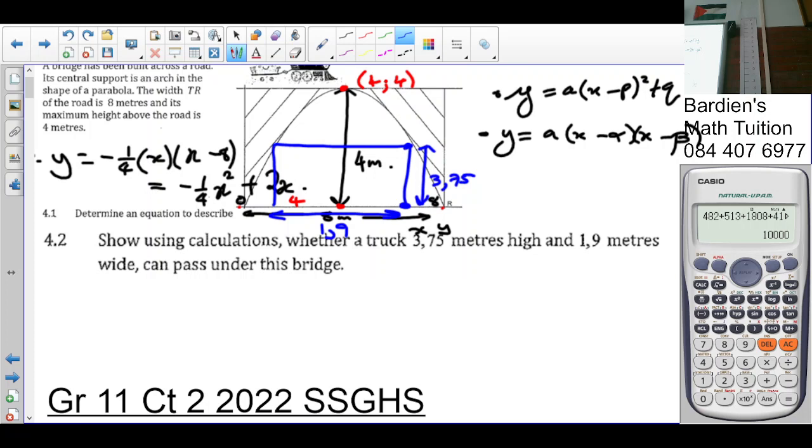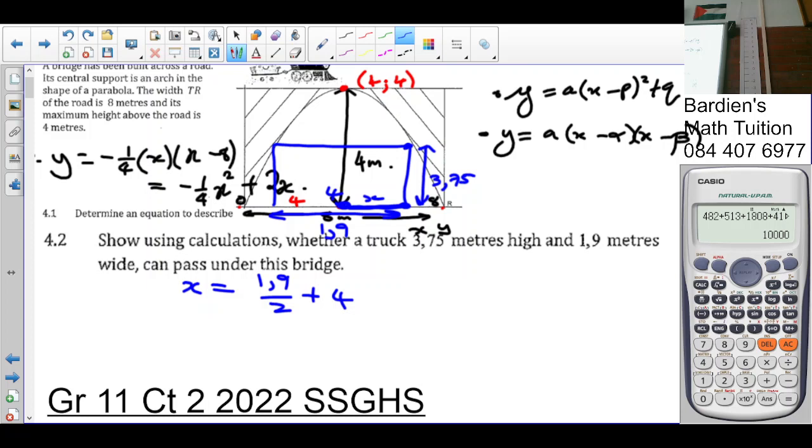So we know that for the truck, from center to this point here, is going to be half of 1.9. Can you see that? So x is going to be half of 1.9, divided by 2, this is this length here. And I add 4 to it.